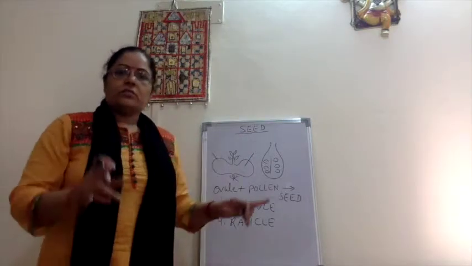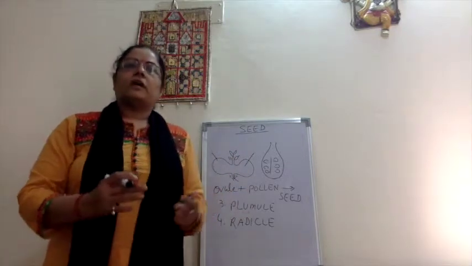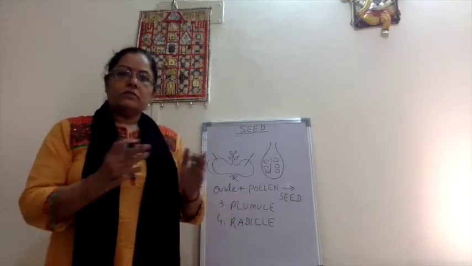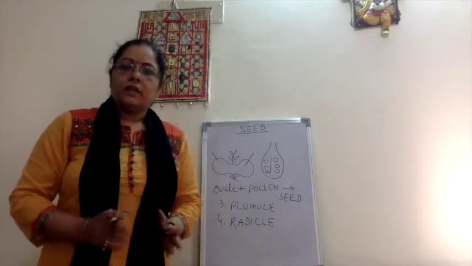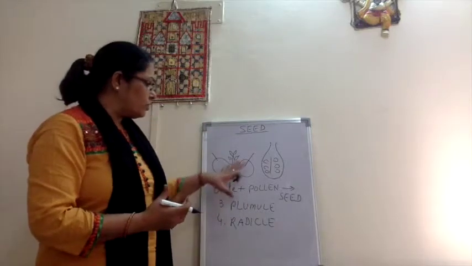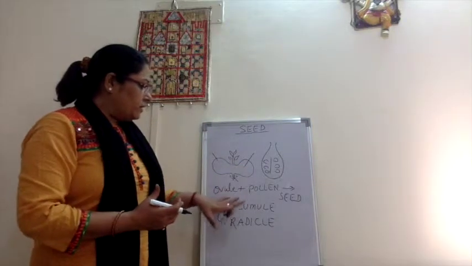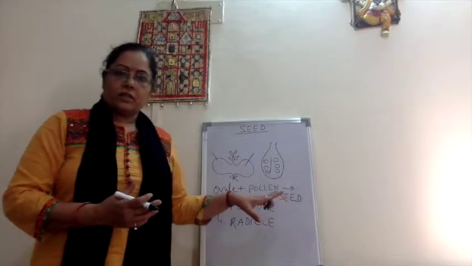So outer seed coat, and then second, cotyledons. Cotyledons are of two types: monocotyledon and dicotyledon. Monocotyledon has only one cotyledon, in which the food is stored. Cotyledon is a food storage organ. And dicotyledon, in which two cotyledons are there.